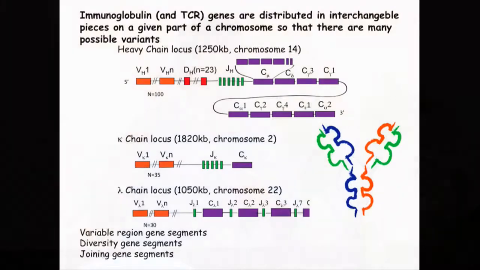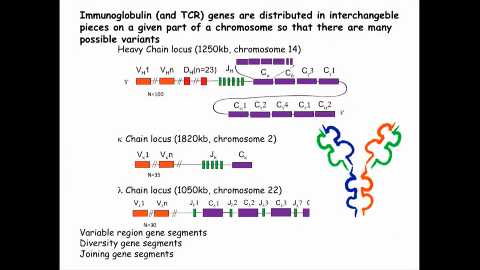That's one of the remarkable things about the immune system: it creates diversity at the gene level. The genes for antibodies and T cell receptors are split up into pieces, where there are many alternative components. It's like an old Chinese restaurant menu.